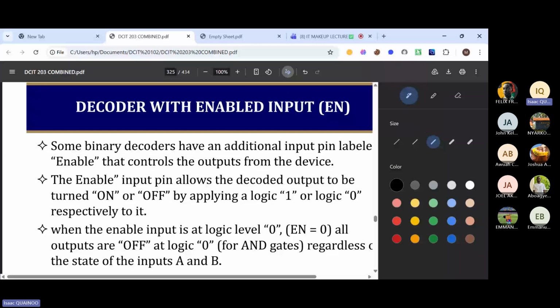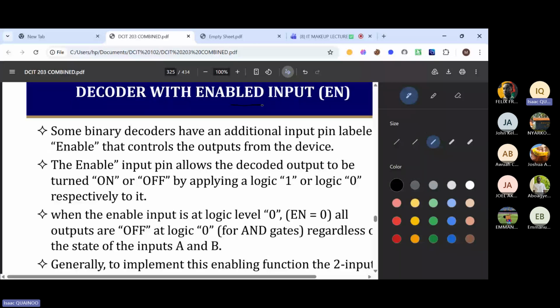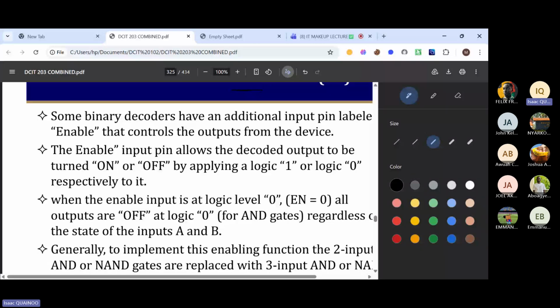So here we have a decoder with enable input. That's an enabler. Under the multiplexers and demultiplexers, we said that sometimes an enabling input is applied, right? The enabler input is implemented with an AND gate to either switch the entire circuit on or switch the entire circuit off.